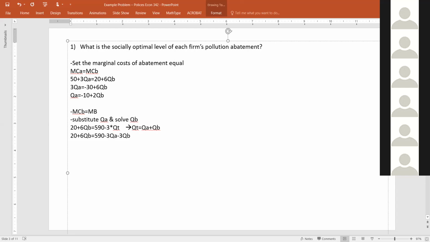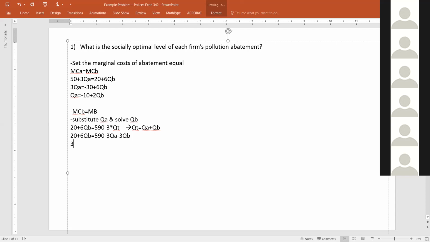You ready to move on? Wait, so QA, QB. Oh, yes. Okay, but from this equation up here, from setting our marginal costs equal, we can put QA in terms of QB.